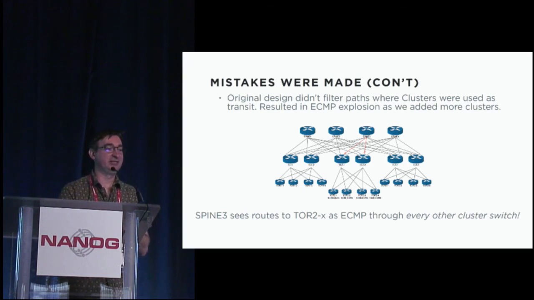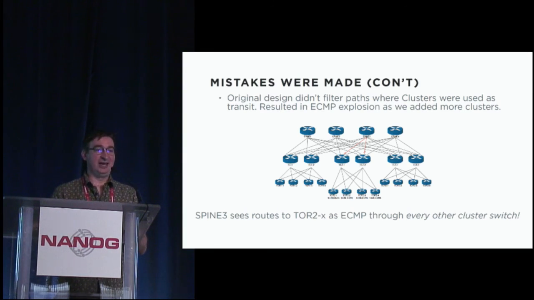So we saw a situation where if a fabric lost connectivity to a particular cluster, now granted, no traffic would hit that spine because it doesn't have a route there, but in that spine device's routing table, its best route to hosts in that cluster was an ECMP path through every other cluster in the switch via all the various spines.